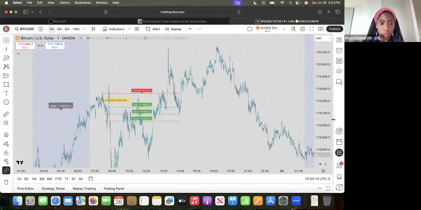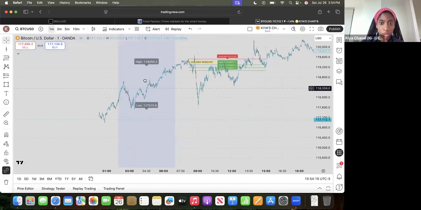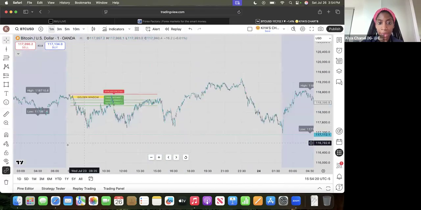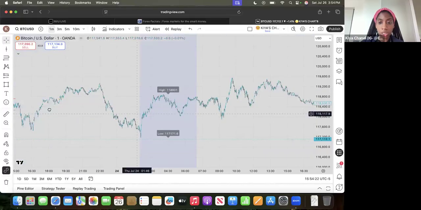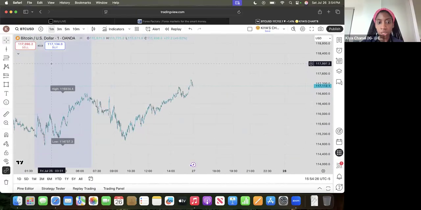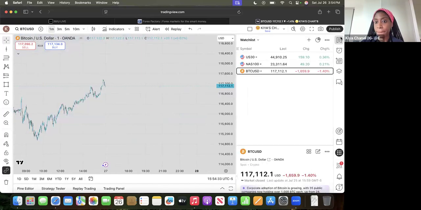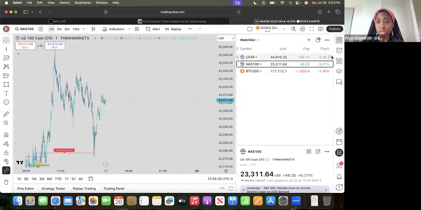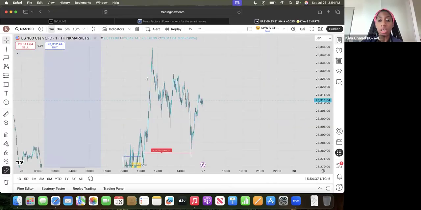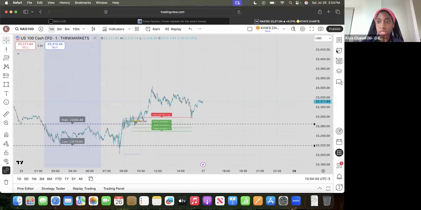Let's see. And you guys can always go back and look on Skywalker at the different setups that it's called out in the past. I definitely do that a lot. But yes, I absolutely love this scanner.